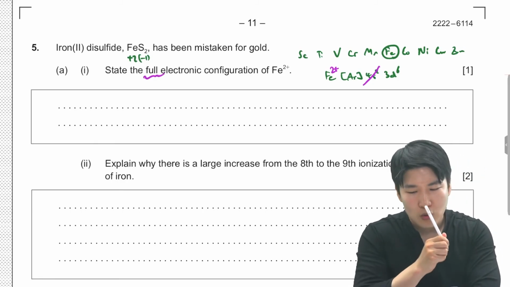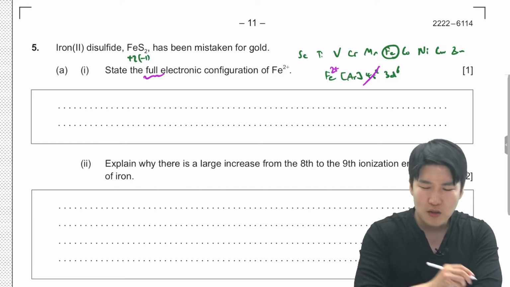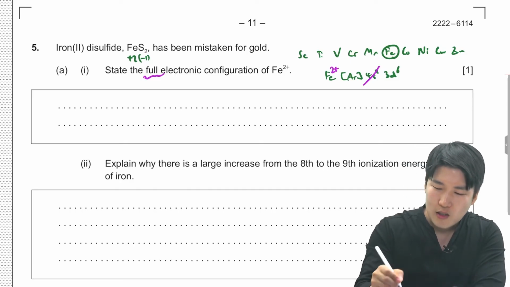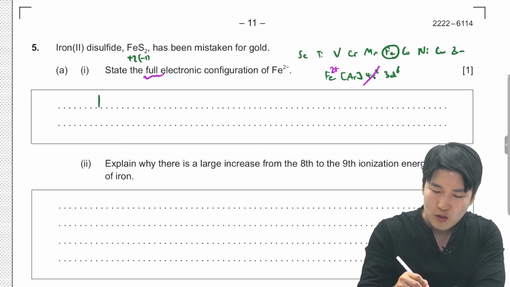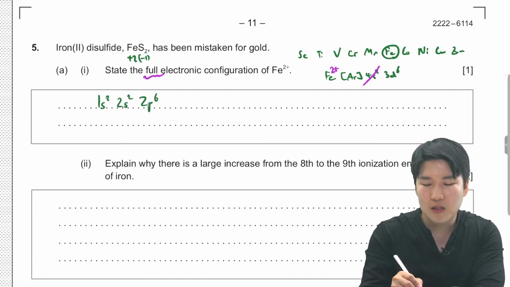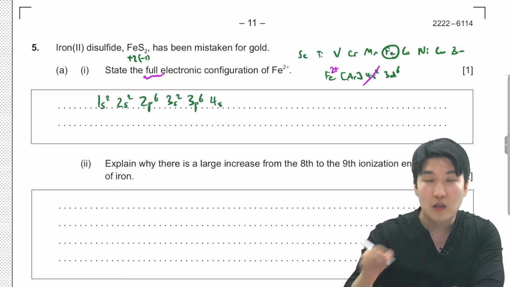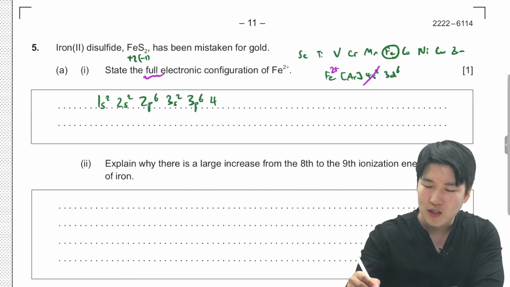So if you were going to write the argon condensed electronic configuration, read the question carefully. We are going to start all the way from 1s2, 2s2, 2p6, 3s2, 3p6, now 4s instead of 4s2, 3d6.